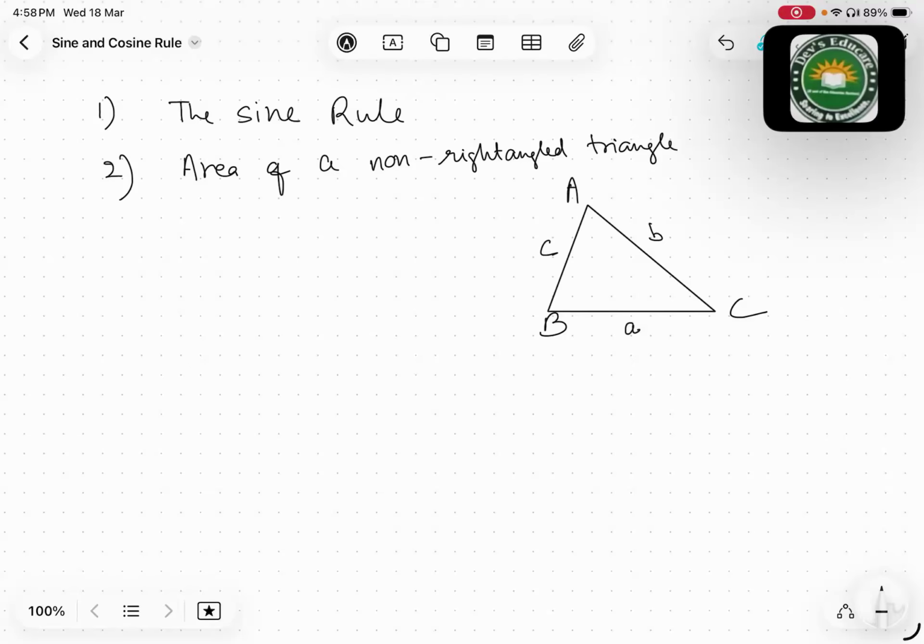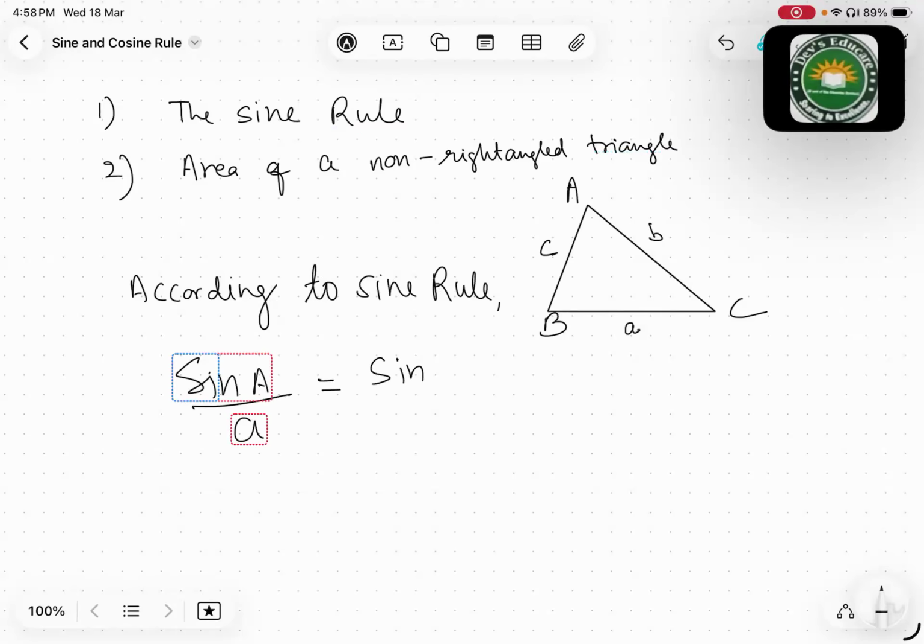Okay, so according to the sine rule, we have sine of angle A over a equals sine of angle B over b equals sine of C over c, and this will be a constant.